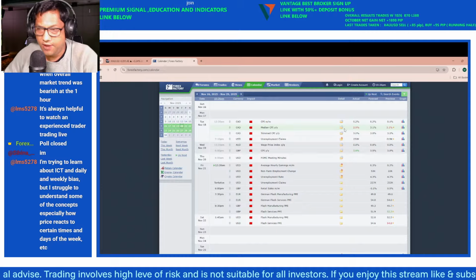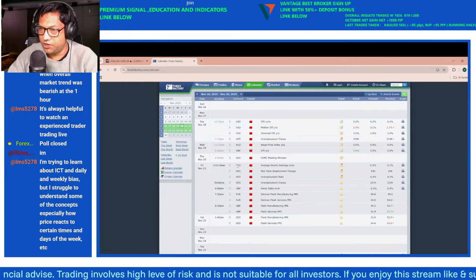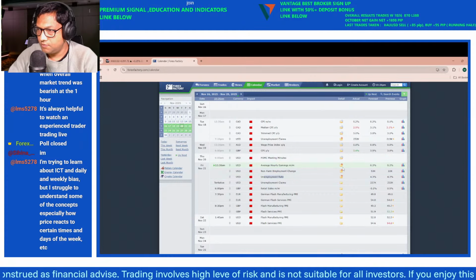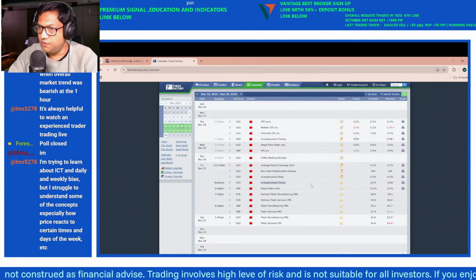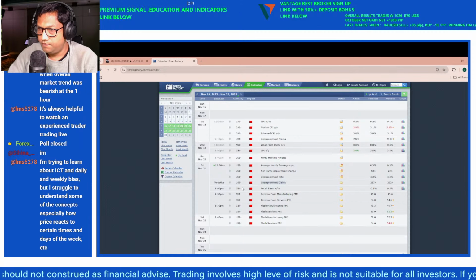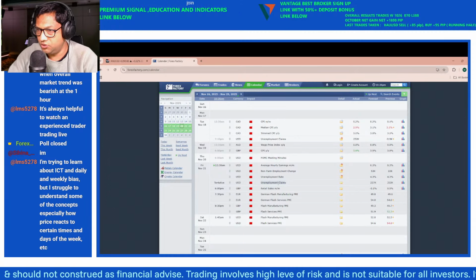So in just a matter of 15 minutes, we are having average hourly earnings, non-farm employment change, and unemployment rates. Unemployment claims are shown as tentative, so they might come along the way, because there's no specific schedule for that.